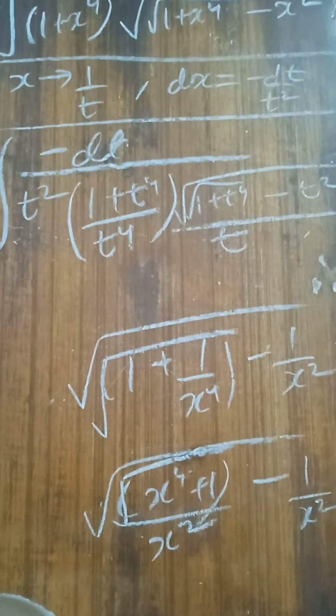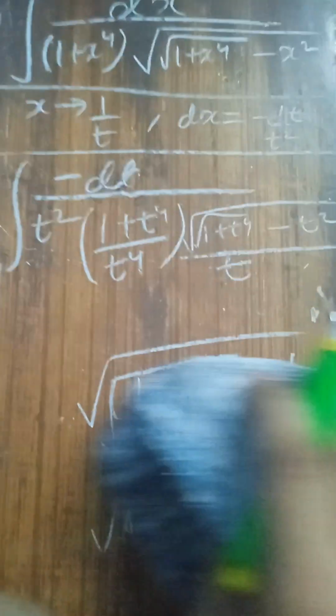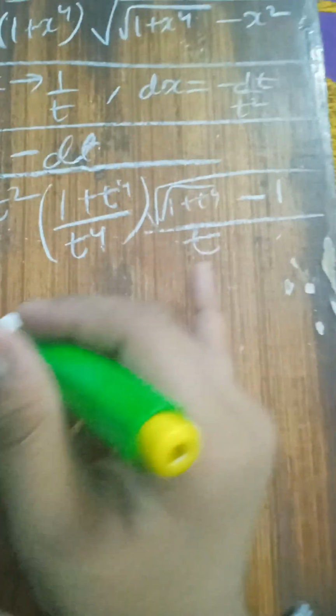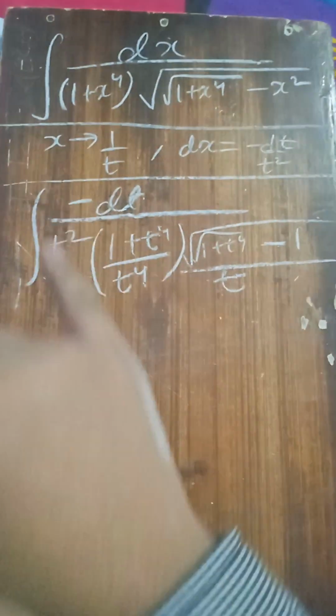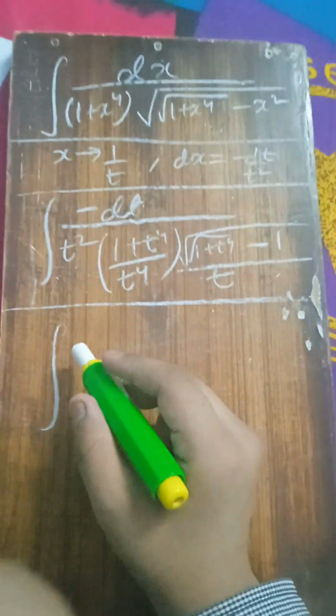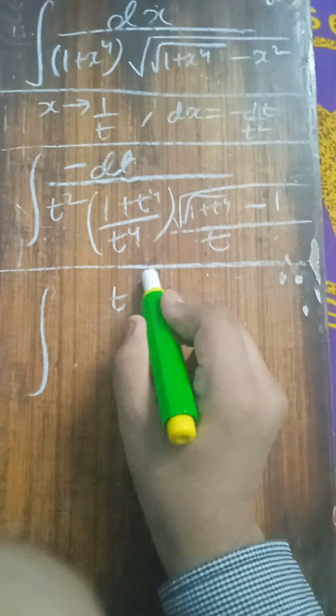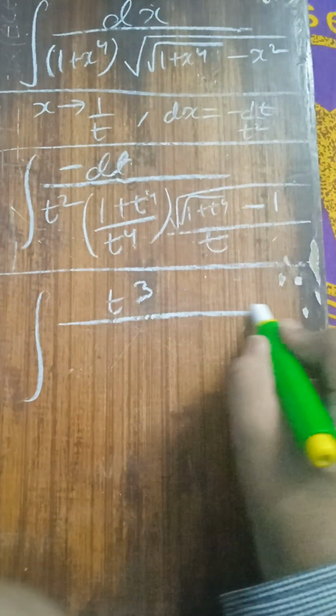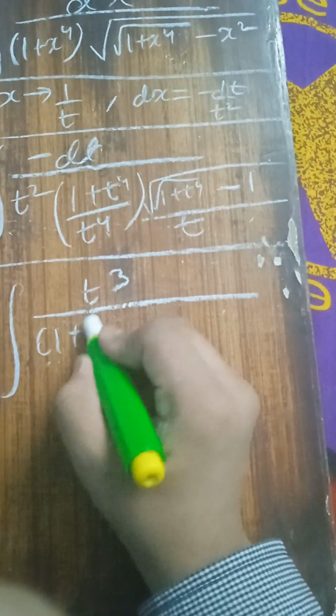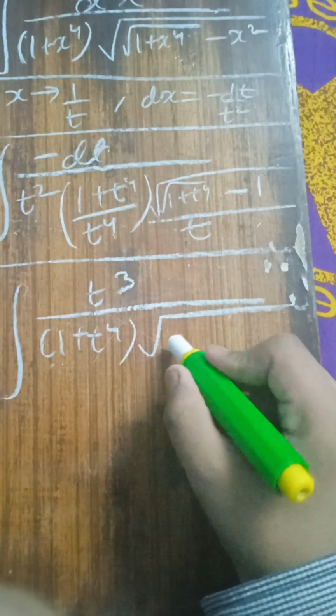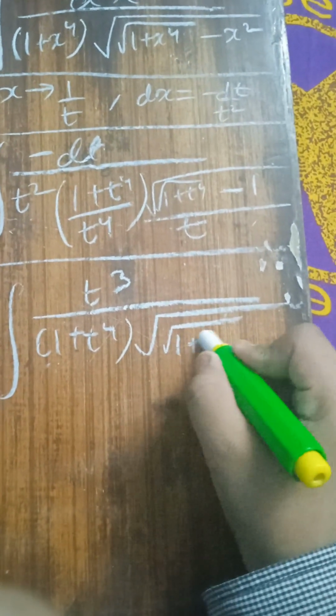So x goes to 1 by t, minus 1 over here, and t out of the whole root t^5, and t cube goes out, and this little t cube over here, by root of 1 plus t^4, minus 1.